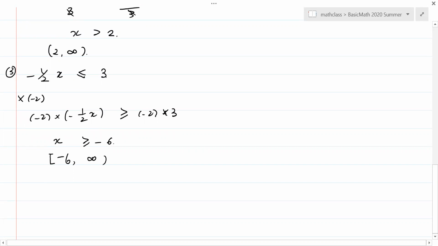And how do you express it on the coordinate line? This is 0, here's -1, -2, -3, -4, -5, -6. This time -6 is included, so you put a dot here, and then go in that direction.